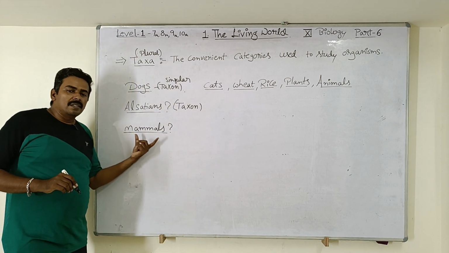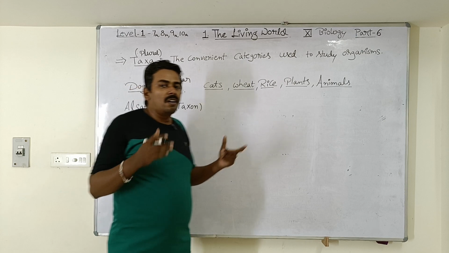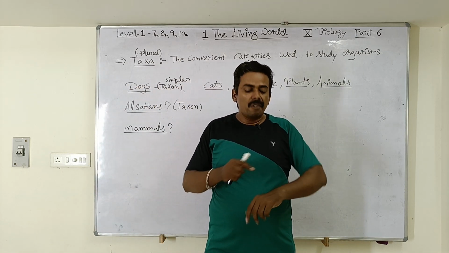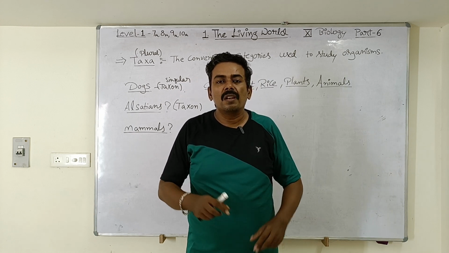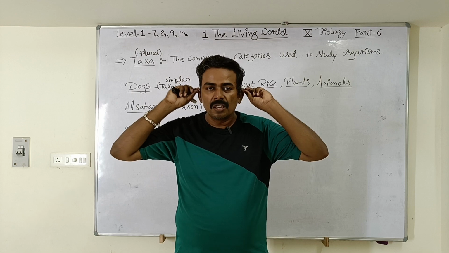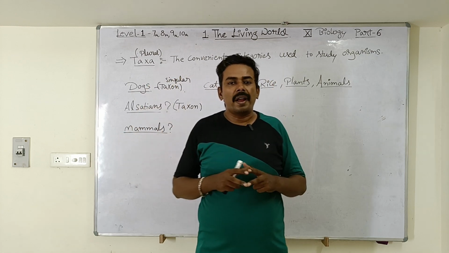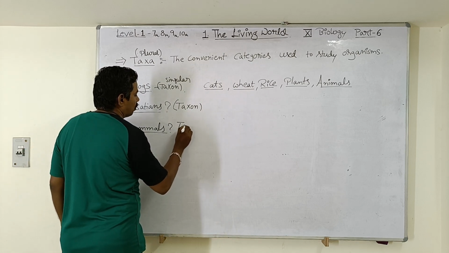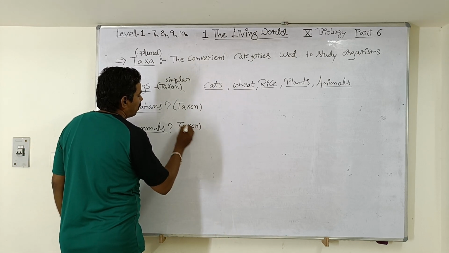If I say mammals, what will come into your mind? You will imagine those animals which have hair on their skin, which give milk to their young ones, and which have a pair of external ears. So mammals is also a separate taxon.